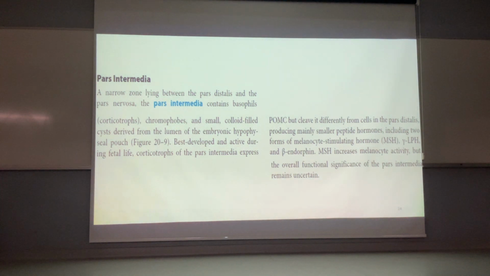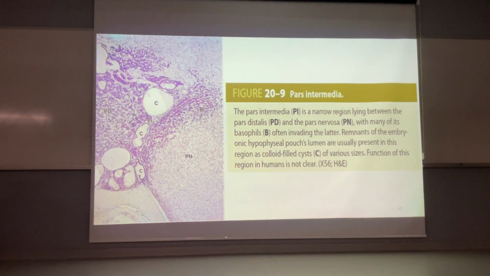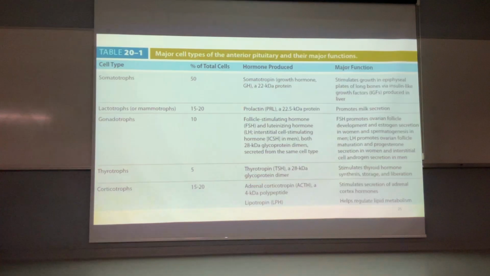Here you can see the pars intermedia, the pars distalis, and the pars nervosa. In the pars intermedia, we have these large cysts, or colloid cysts, present only in the pars intermedia.